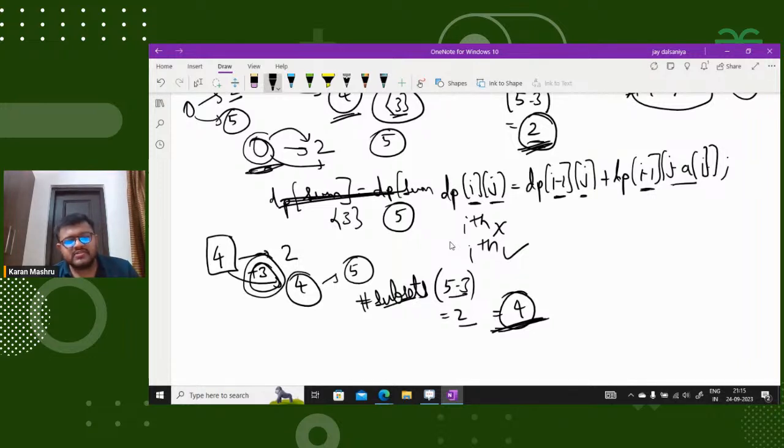So I need to consider that only. If I do not consider the ith element, whether the number of subsets whose sum is equal to x minus a of i is equal to 0, then the ith element will not be a part of any subset whose sum will be equal to x. Is this much clear?